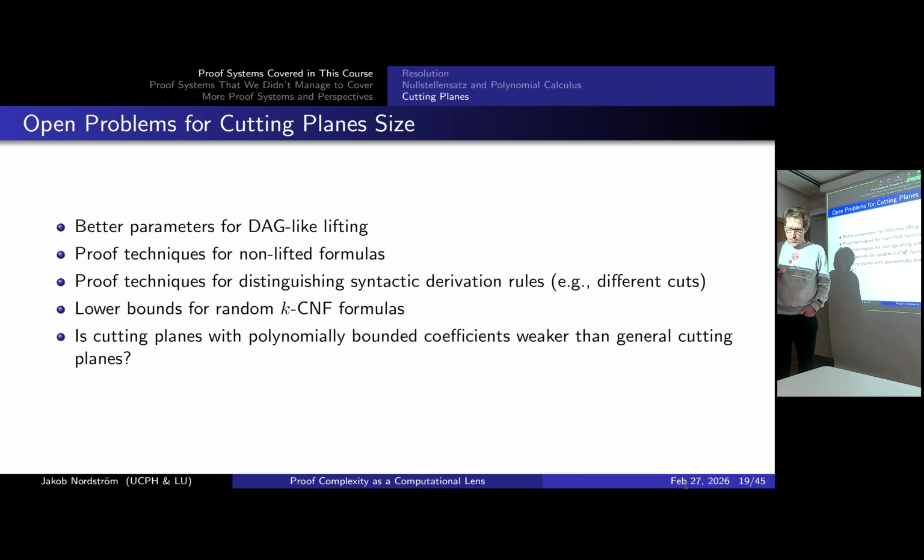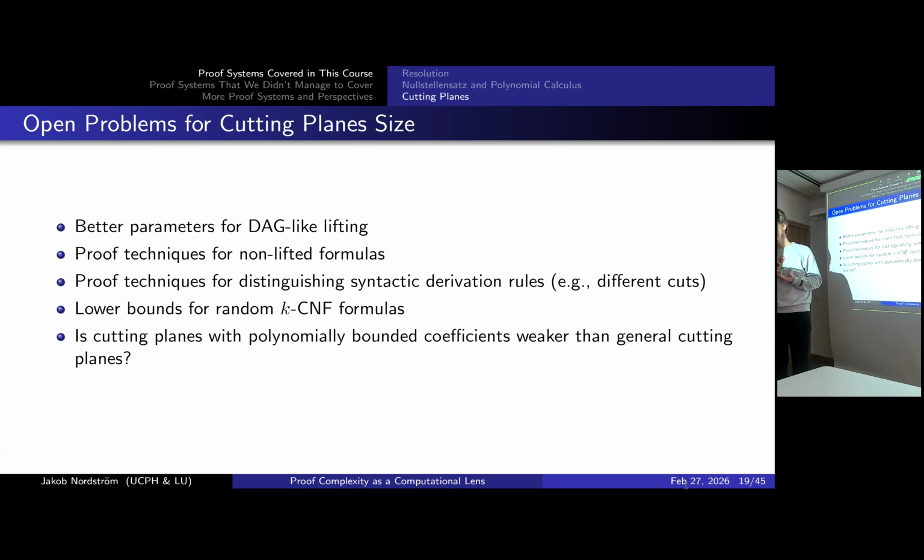One other annoying or challenging fact for cutting planes is that most lower bound techniques just operate with: I have two constraints and I know that you combine them somehow, they imply this third constraint.